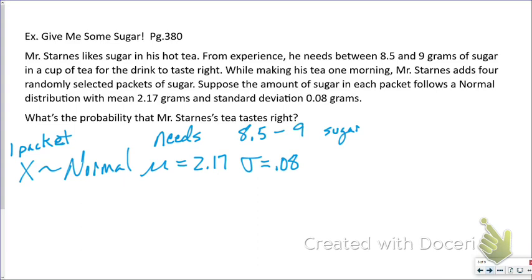So up here, you see he puts in 4 packets. So let's write a new function, total. And this is where you could possibly go wrong. The mean will probably end up working out, but the standard deviation, depending on how you write it, could go wrong. We want to write it very simplistic like this.